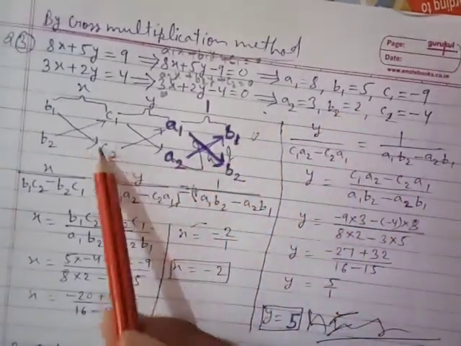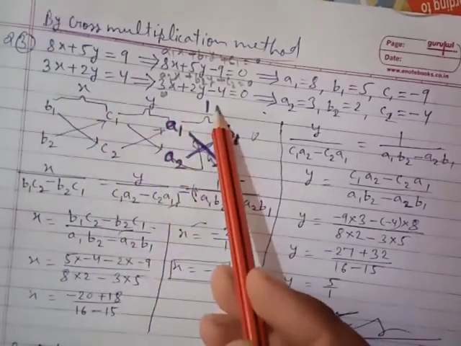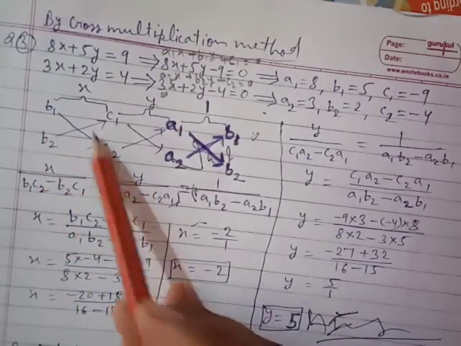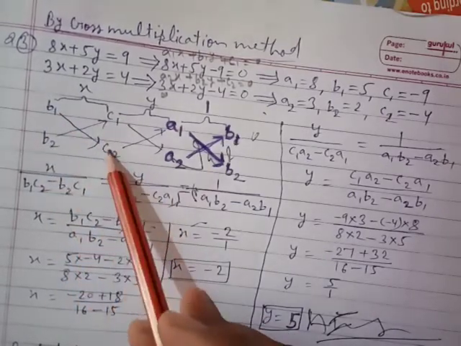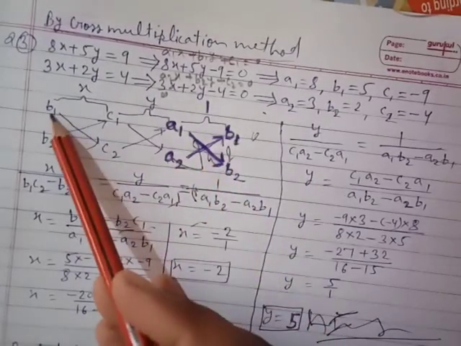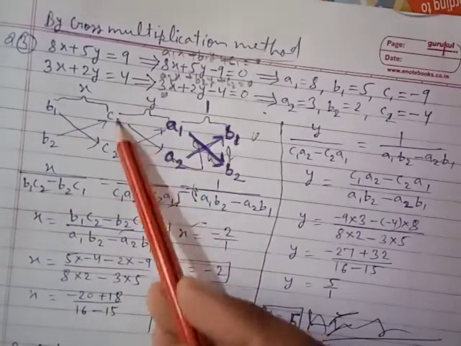Now solve this by using the cross multiplication method. Write x, y and 1. Then place b1 b2, c1 c2, a1 a2 and b1 b2. Start from b, b, c, c, a, a, b.